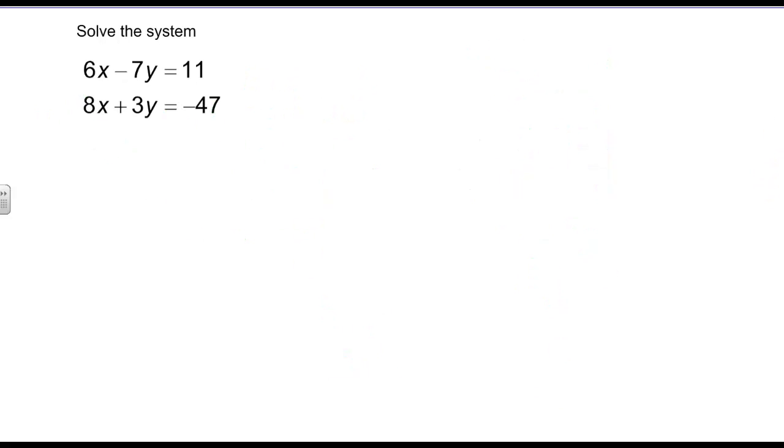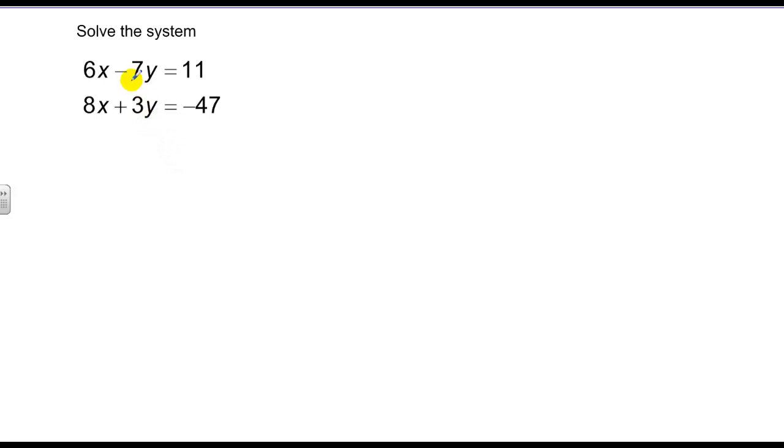Now in this problem you'll notice there's nothing I can multiply 6 by to get 8 in terms of integers, and there's nothing I can multiply 7 by to get 3 and vice versa. So sometimes when we multiply, we have to multiply both equations by possibly a different number.